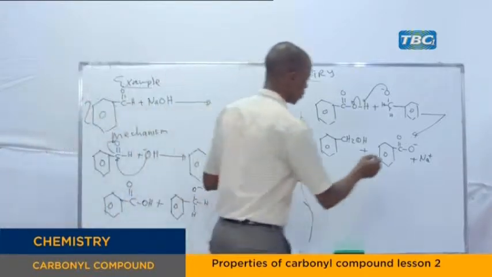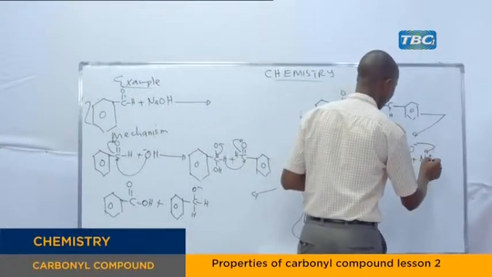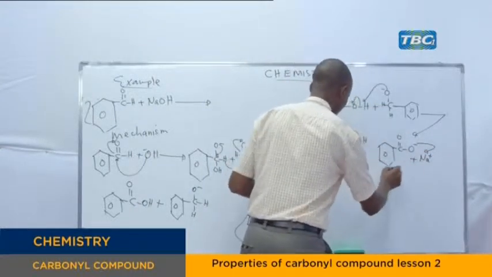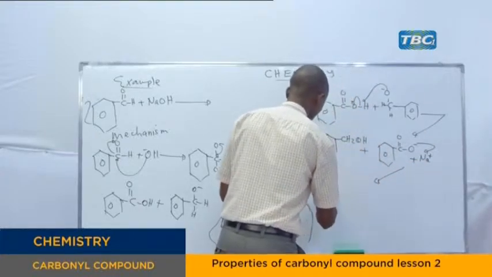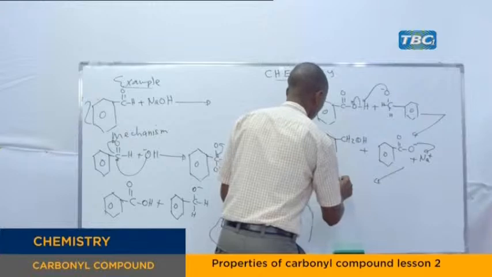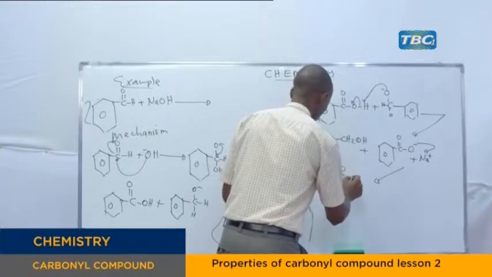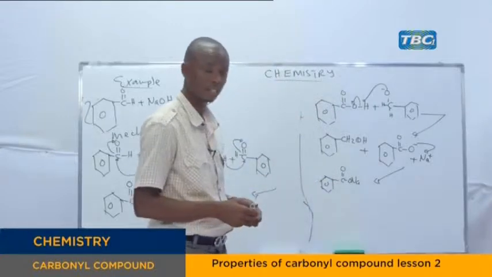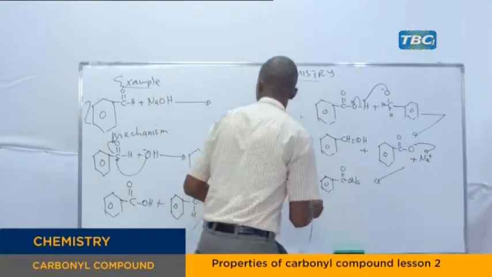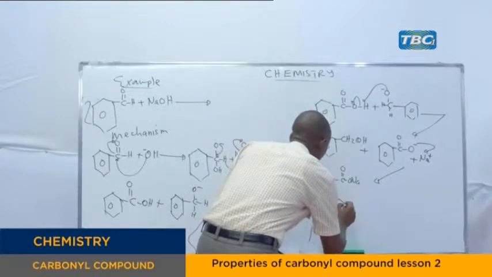Now this sodium ion will be taken there, and the product here finally will be as follows. This is sodium benzoate. So the overall reaction here, we can write it as follows.